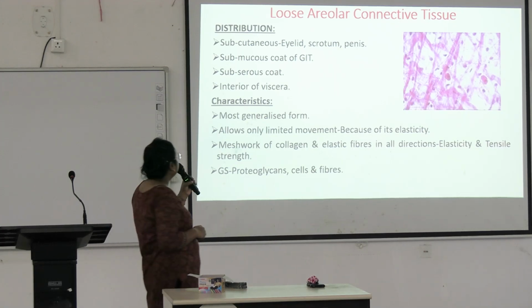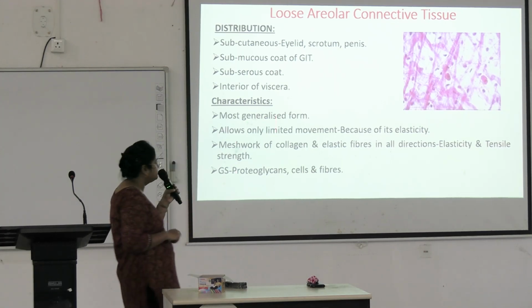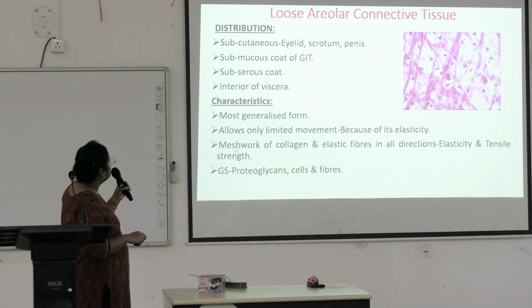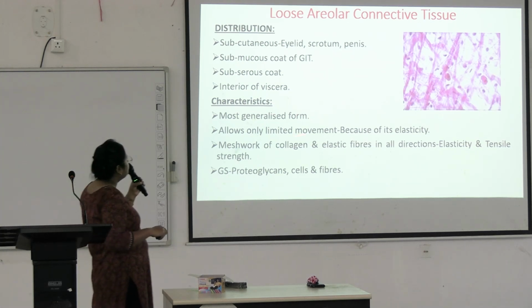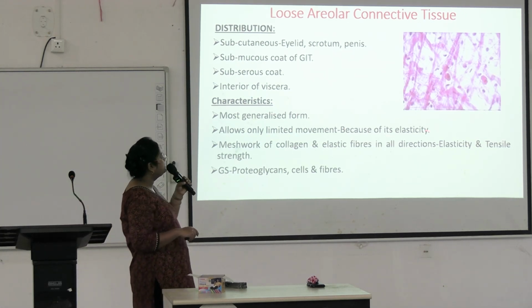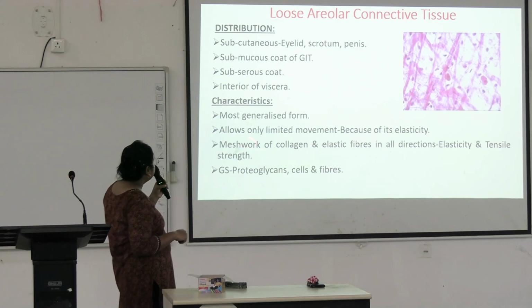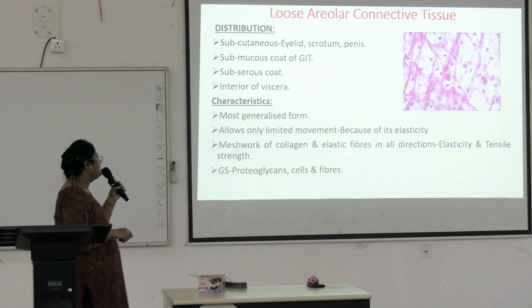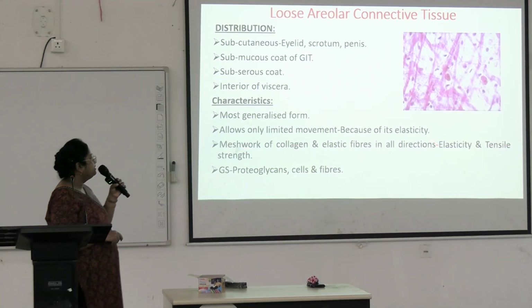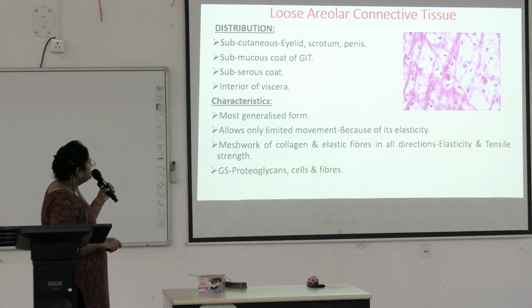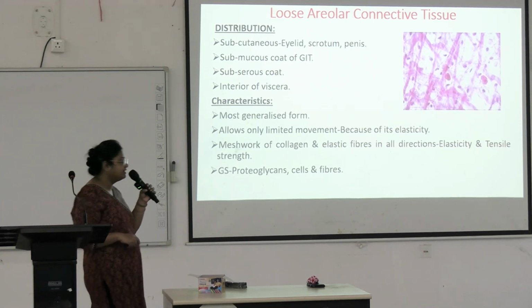Next, what are the characteristics? It is the most generalized form, allows only limited movement because of its elasticity, and there is a meshwork of collagen and elastic fibers which are in all directions and has elasticity and tensile strength.